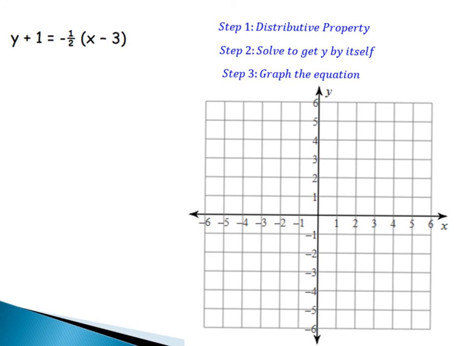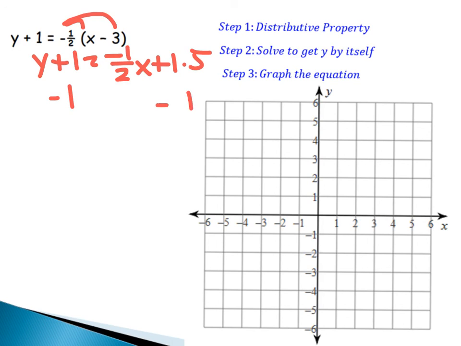In the next one, we're going to do the same thing. So I'm first going to use the distributive property to solve the right side of the equation. So it'll become y plus 1 equals negative 1/2 x plus 1.5. Then we're going to solve to get y by itself. So I would subtract 1 from both sides.